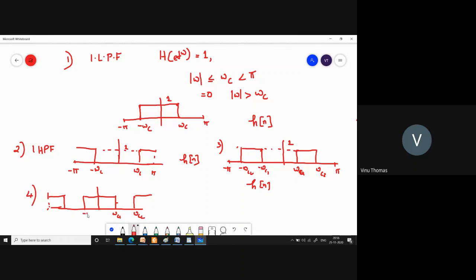This is minus omega c1 to minus omega c2. This value is equal to 1. So find h of n for this. So I have given you four questions. You have to work this out and be ready with the answers when you come for the class at, let's say, 6 o'clock tomorrow, 6 o'clock evening.